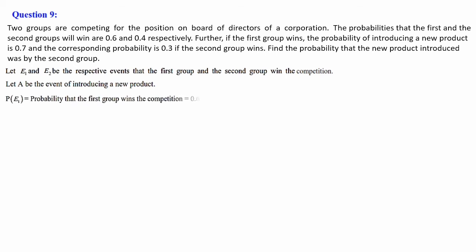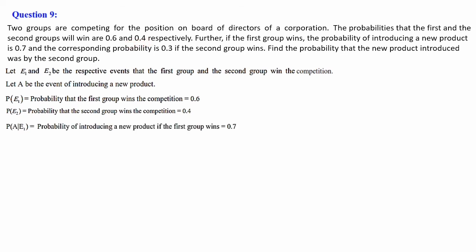So let's take P of E1, the probability that the first group wins the competition, that is 0.6. P of E2, the probability that the second group wins, is 0.4. Next, P of A given E1: the probability of introducing a new product by the first group, meaning when the first group wins.